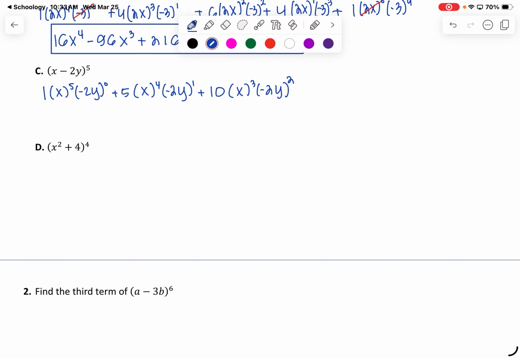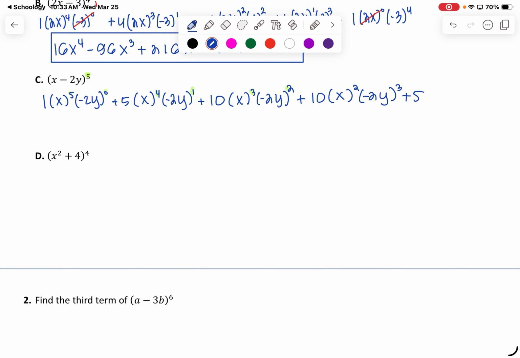Also, if you're not noticing, these two, 5 and 0, always add to that number right there. 4 and 1, add to 5. 3 and 2, add to 5. So once you have 1, you can get the other one pretty easily. Plus 10 times this is going to be x squared because it's going down 1, and then this would be negative 2y cubed. Plus 5. X to the 1st, negative 2y to the 4th.